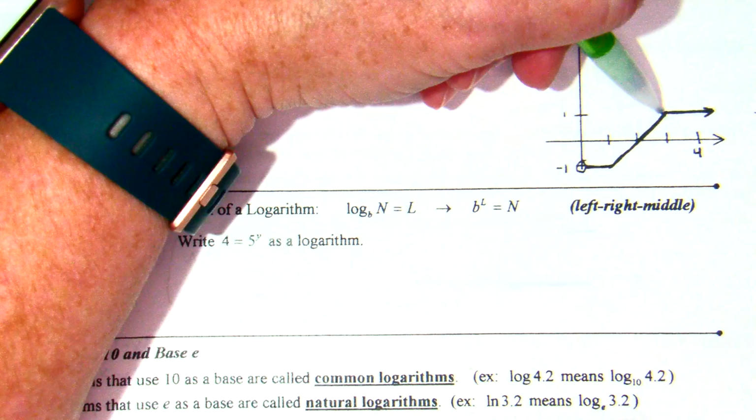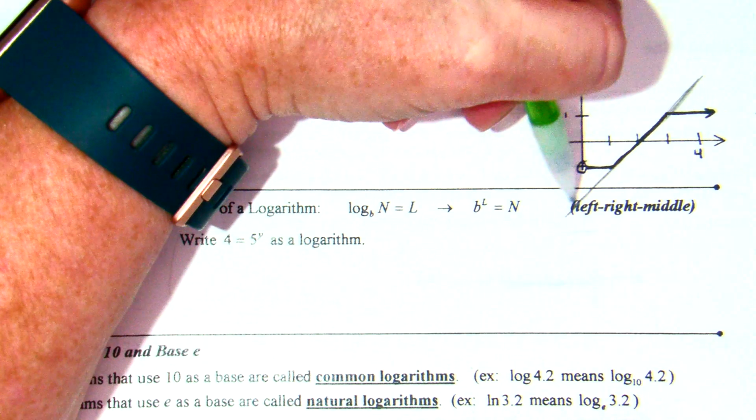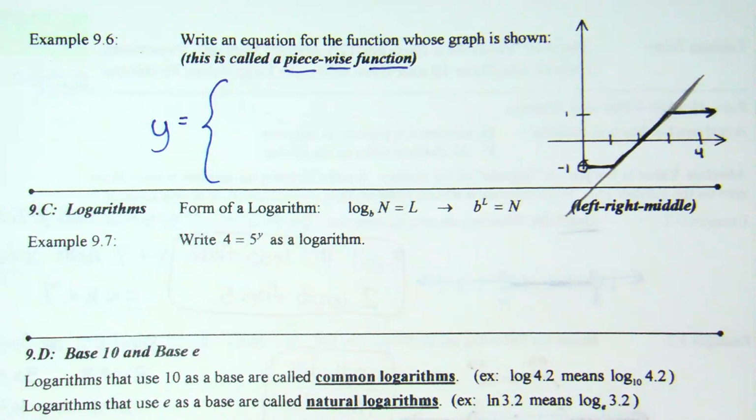You guys want to do that middle piece maybe? If you think about the angled piece here, ignore the flat pieces. But if you were to extend that angled line, what line is that? What equation works for that?